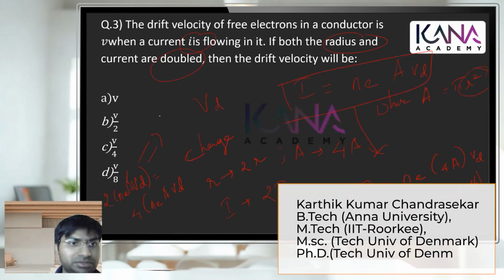This simply means 2 times v d is 4 times v d dash, where v d dash is the new drift velocity. So v d dash will be 2 by 4 times v d, which becomes v d by 2.